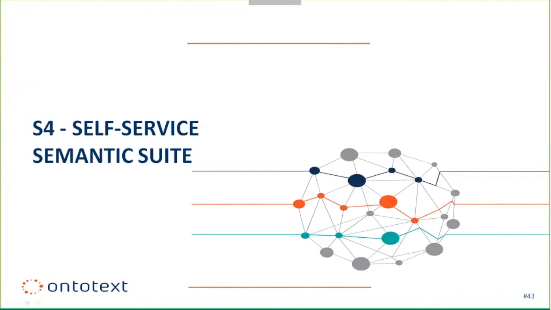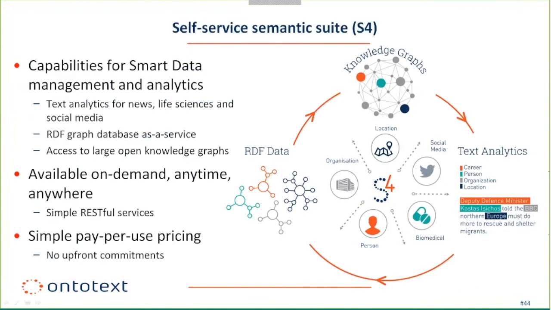To summarize what I've just shown you for S4, it gives you capabilities for smart data management and analytics. It has text analytics, as we've seen with the REST API examples. It also has a very huge knowledge graph that gives you access to a lot of linked open data resources that have been tailored not only for news, but also biomedical data, social media data, and other domains as well.